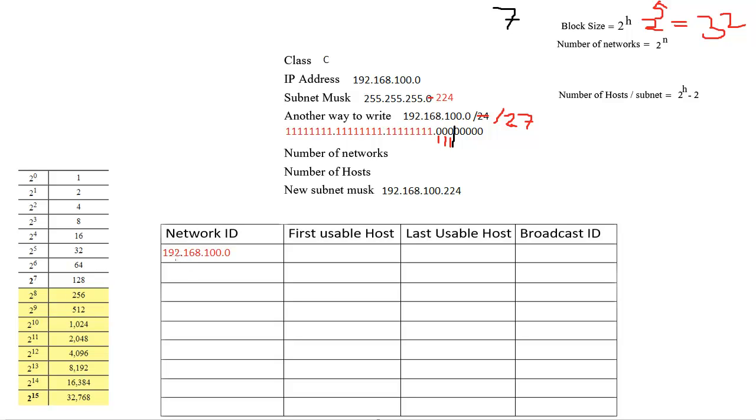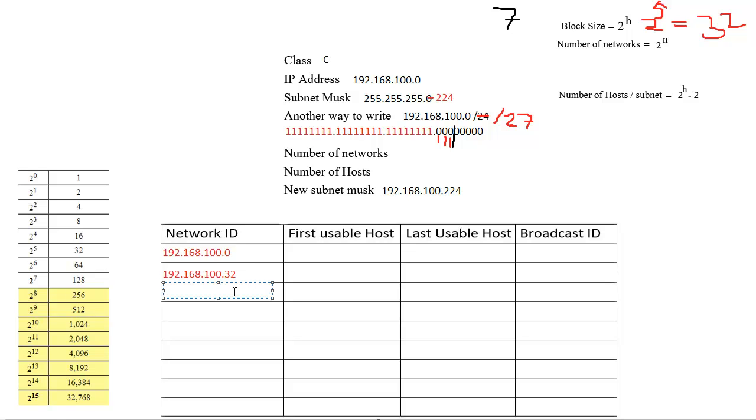So this will be 192.168.100.0 plus 32. So the next one will be 192.168.100.32. So what is our next network ID? Again 32 will be added here.